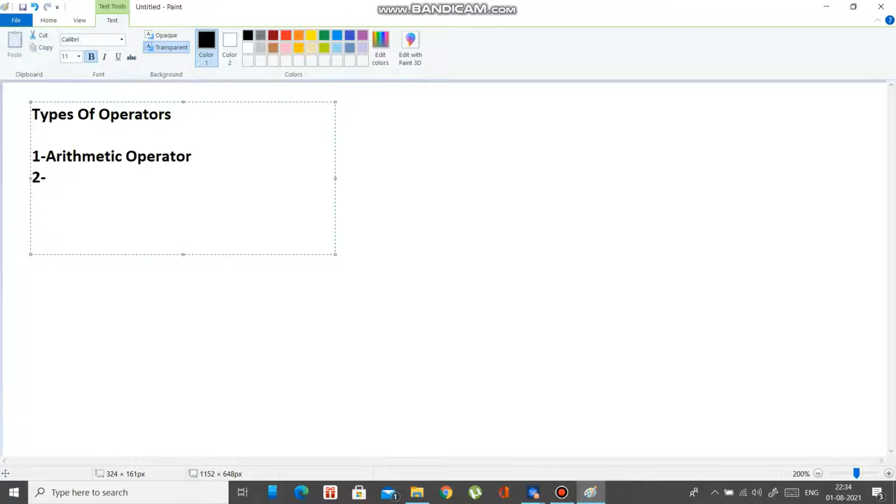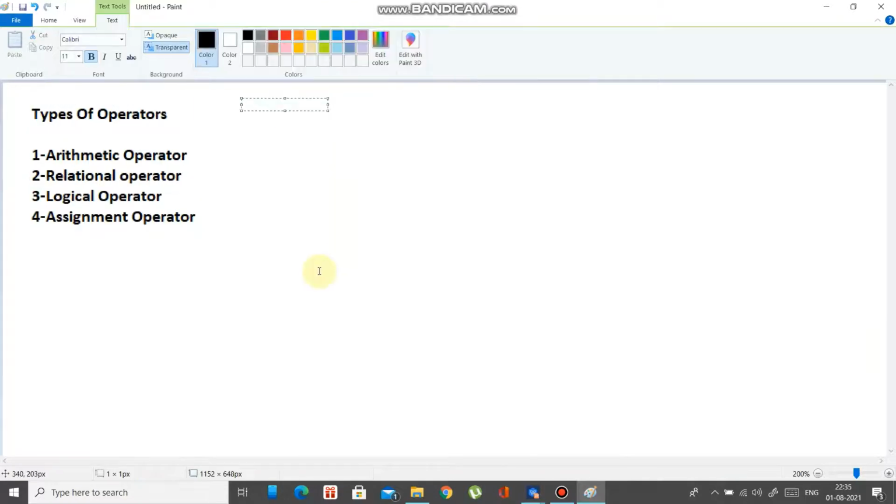The next is relational. The third one is logical. And assignment operator. So these are the four operators. Let's see about arithmetic operator first.